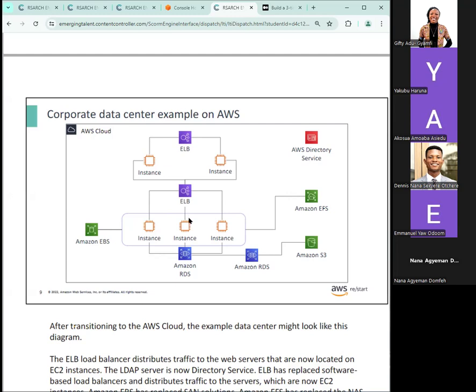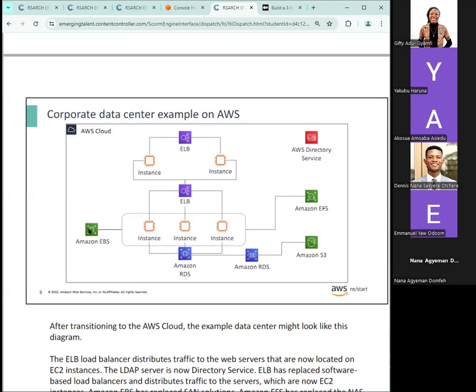So everything this instance needs to function should be stored on it. The thing about file share storage is that if today Yakubu comes to register on this website, and the ELB directed him to this instance, and the application server that did his registration request is this instance, then if another day Yakubu comes and he's directed to a different instance, his information shouldn't be lost. Otherwise we won't be able to give him that information back.